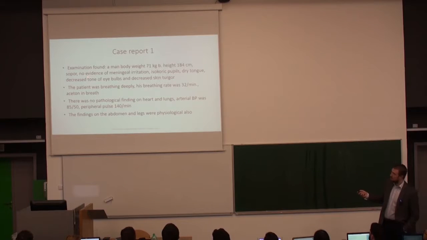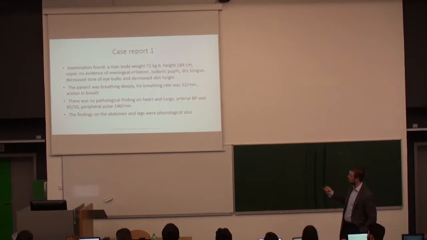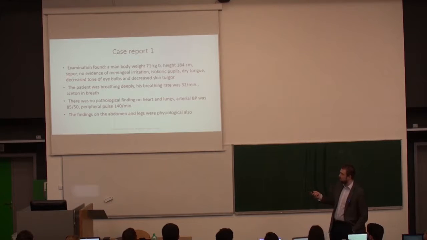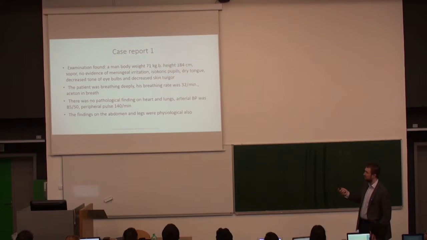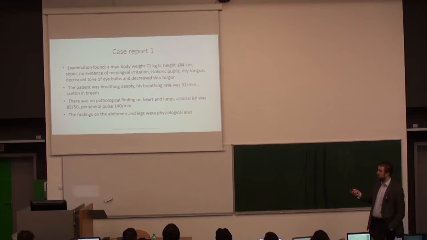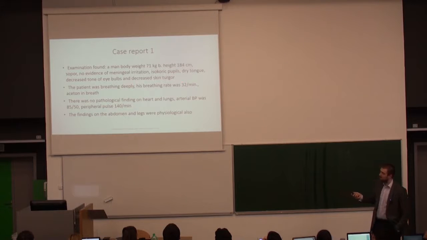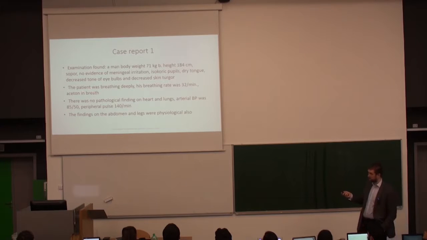Then there was no evidence of meningeal irritation, isocoric pupils, dry tongue, decreased tone of the eye bulbs, and decreased skin turgor. The patient was breathing briefly. The breathing rate was around 32 per minute, and you can feel the acetone in the breath.